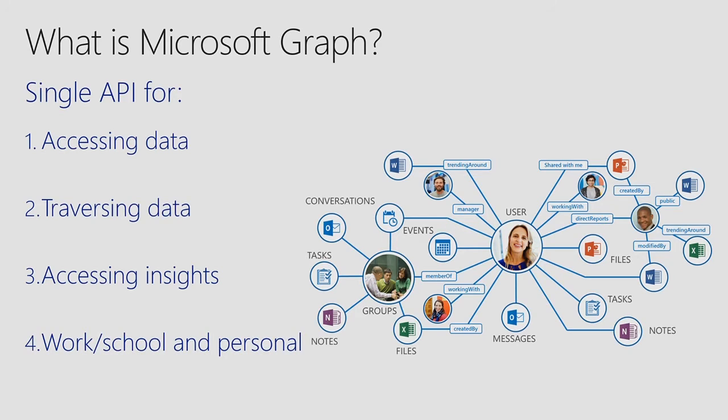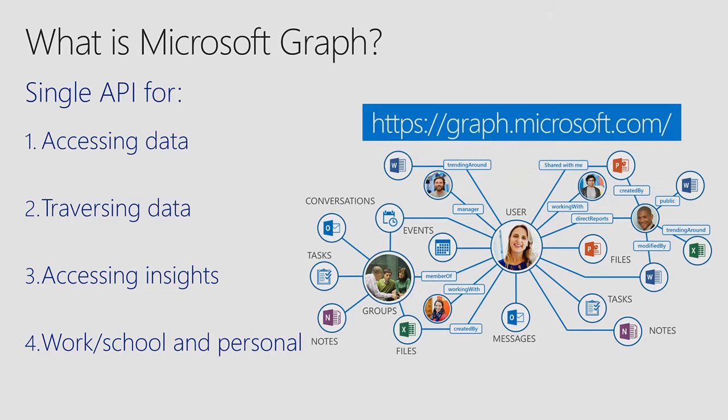And it works across both work and school accounts, what we call Office 365, and personal accounts, like your Outlook.com accounts, your Microsoft accounts, personal OneDrive. The graph works across all these things. HTTPS graph.microsoft.com is your API endpoint. That's your beginning point for all of these things.